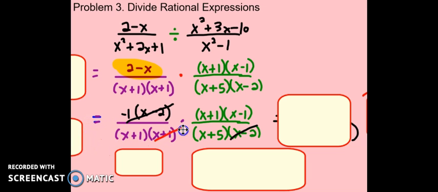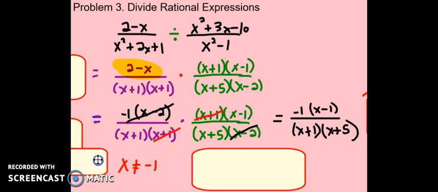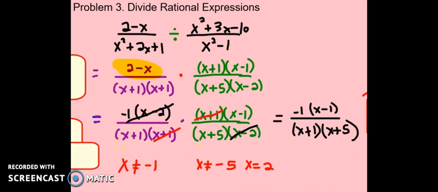So I'm going to go x plus 1, reduce it with x plus 1, and then nothing else reduces. So in my numerator, I have that negative 1. You could just write negative or negative 1 times x minus 1 over x plus 1, x plus 5. And then my restrictions: can't equal negative 1, can't equal negative 5, can't equal 2.